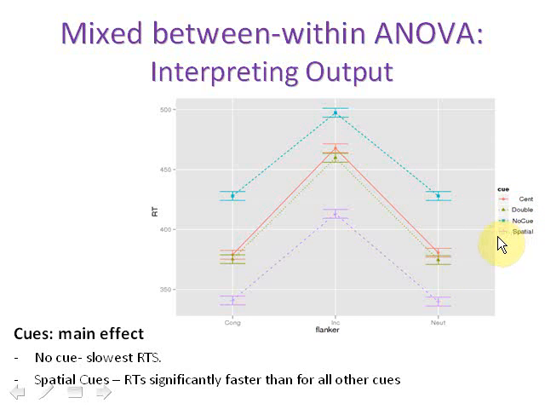We get 3 levels of flanker times 4 levels of cue, which gives us our 12 different means, and for each of those we've got a different reaction time which we're measuring. So the main effect is that when there's no cue, which is the blue one, we can see all the times are the slowest. And in terms of the spatial cueing, the reaction time is significantly faster than for all of the other cues. That's this one here, the spatial cue.